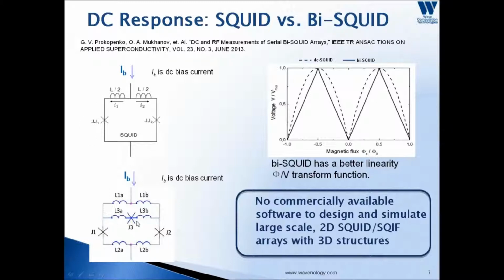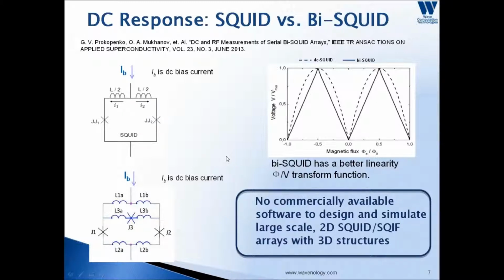With the bi-squid model, you just add a bridging Josephson junction connecting the two connections of this pair and apply another pumping current to make this effect happen. When comparing these two major types, you will find that the bi-squid has much better linearity compared against the simple squid model.